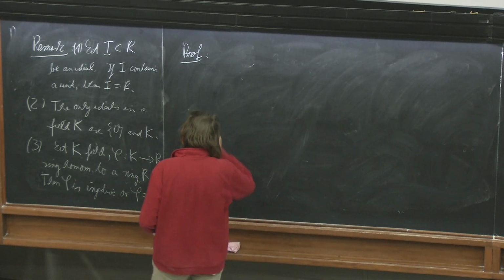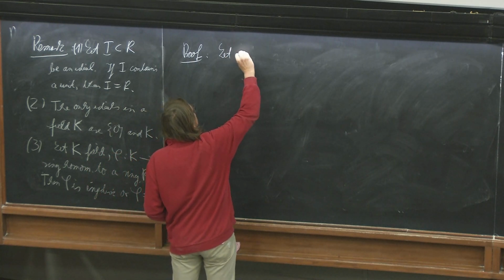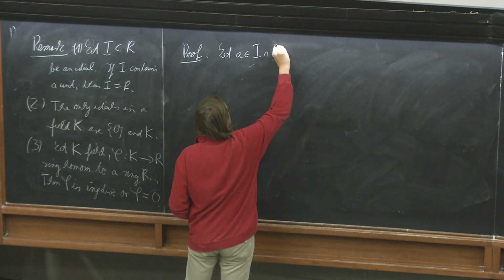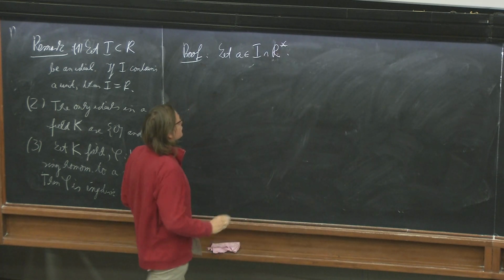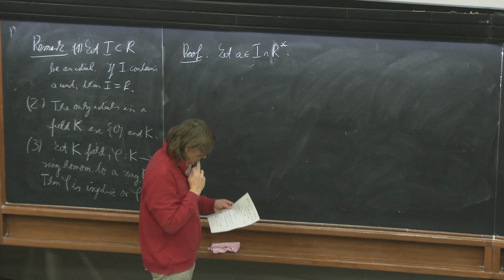So let's assume we have a unit in I, an element in I intersected R star.